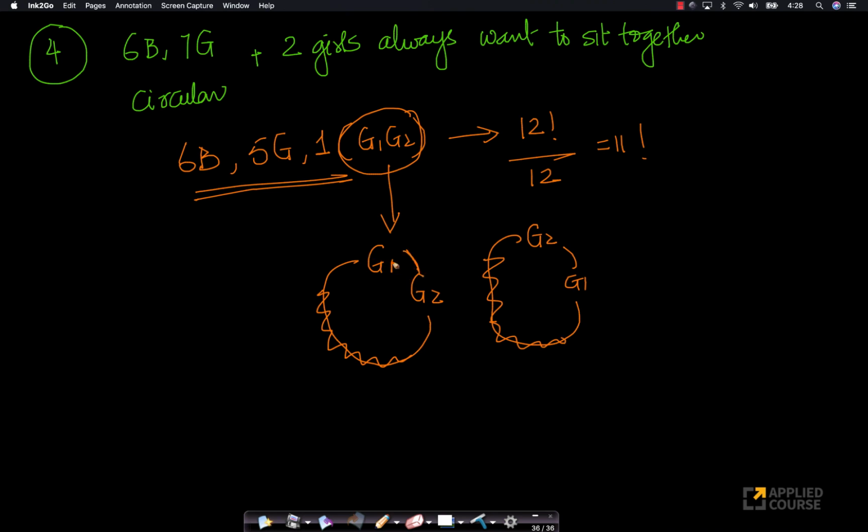G1 before G2 is different from G2 before G1. So there are 2 possibilities in which I can arrange these 2 girls who always want to sit together. So this is multiplied by 2. So 2 into 11 factorial is the number of ways I can arrange 6 boys and 7 girls in a circular fashion where 2 girls always sit together. That's it. Very simple, nice example.